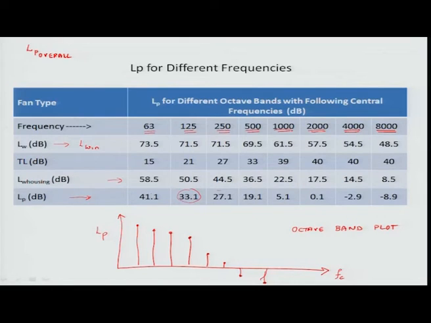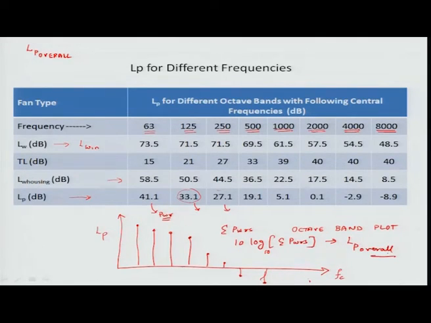For each of these frequencies we compute the power, and when the ear hears them, it will hear a sum of all the powers. So we add power 1, power 2, power 3, and so on, and then we take 10 log of the sum of powers. That will give us LP overall.